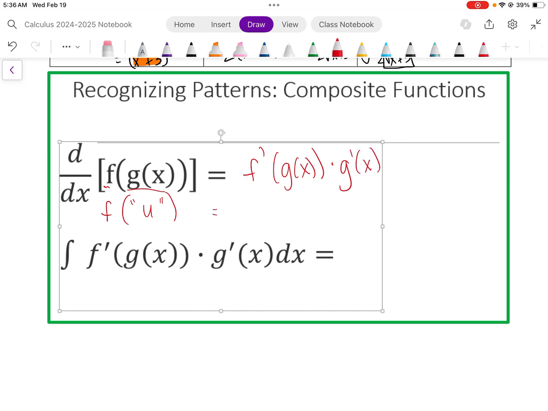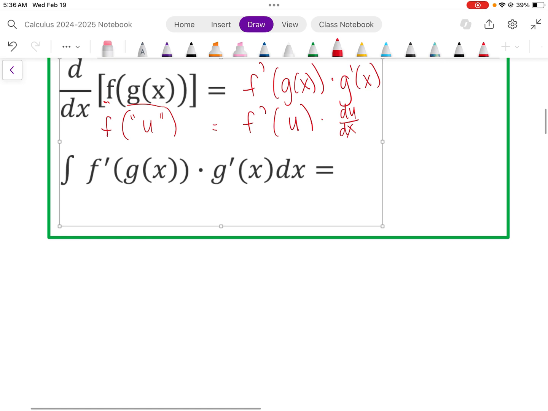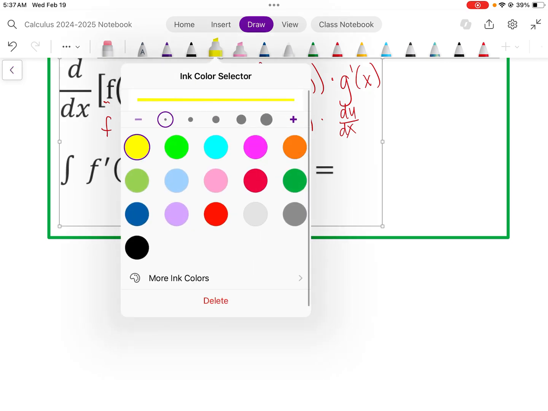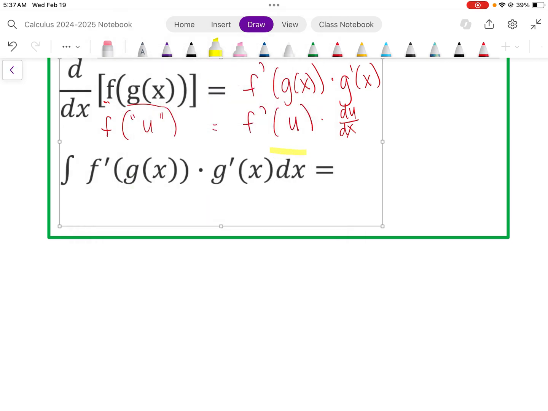If I were to write this instead using u, we would call it f prime of u times the derivative of u, or du dx, right? So therefore, when we work backwards, you will often have integrands that have two parts to them. One part of your integrand, and I'm highlighting this part, represents the derivative of the other part.